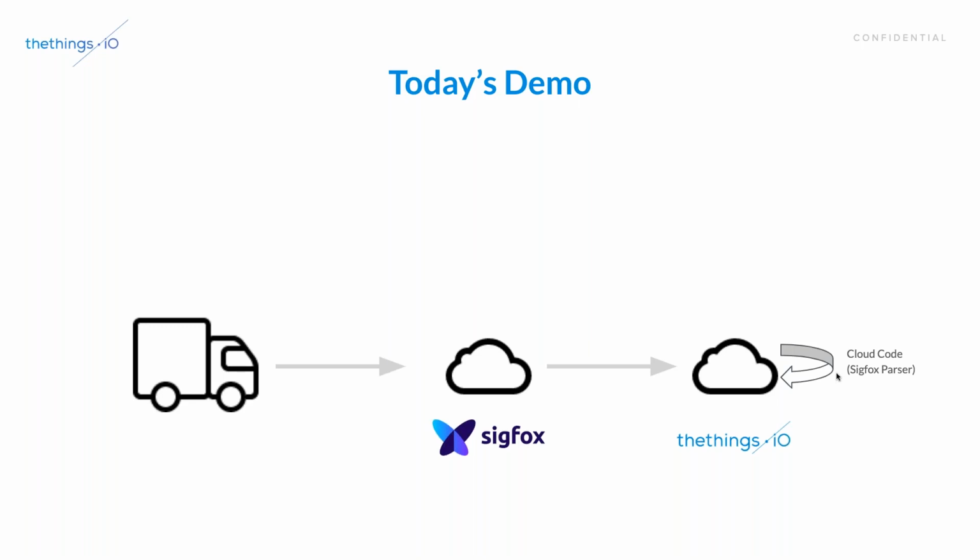With cloud code you can do all of this magic. This is why we like to play with the raw data from Sigfox, the 12 bytes, and once we have the 12 bytes, we start making sense of that data.